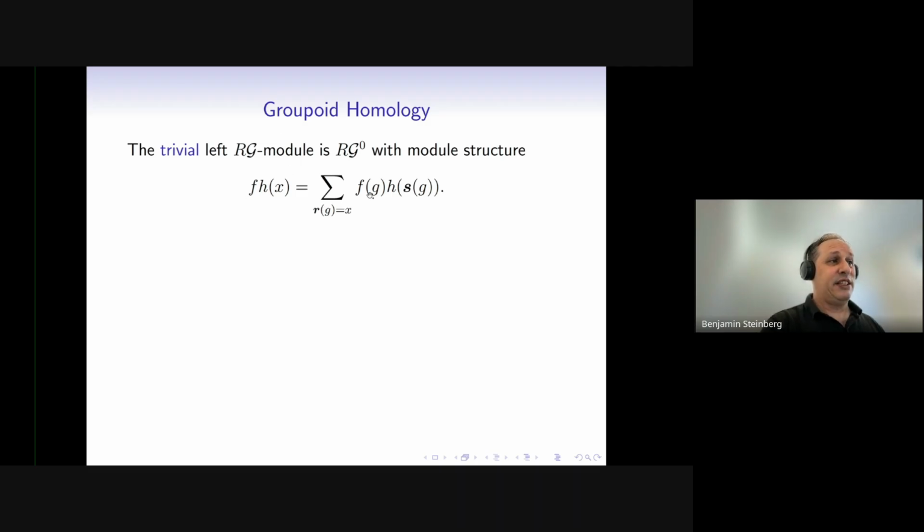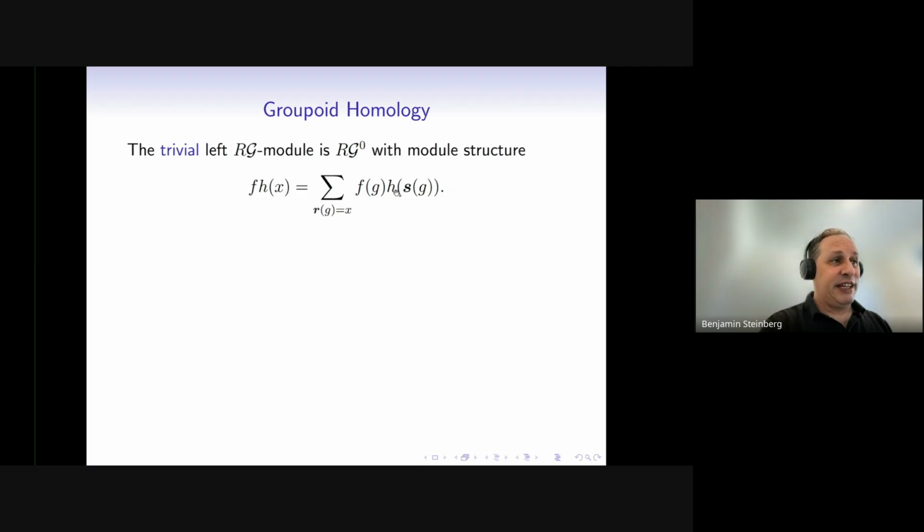So what this is doing is you're taking a linear combination of groupoid elements, you act on a linear combination of units by basically having each element of the groupoid take its source to its range. That's what this does. But I have to write this as functions, not linear combinations, because it's more general than linear combinations. But that's what this is doing.